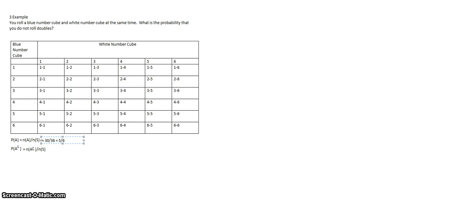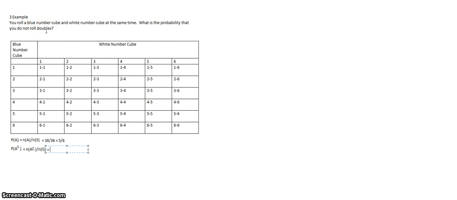Now I'm going to show you a different way that you could have done it. I'm going to use a little bit different formula. This is the probability of the complement of A. In other words, instead of finding the probability that you do not roll doubles, I'm going to find the probability of when you do roll doubles.